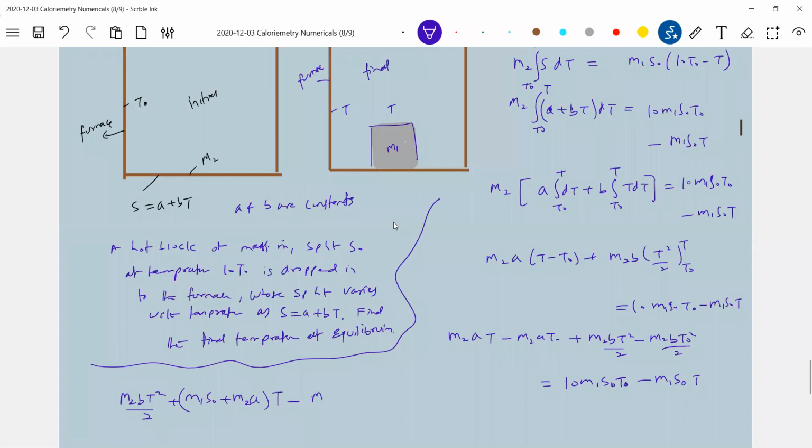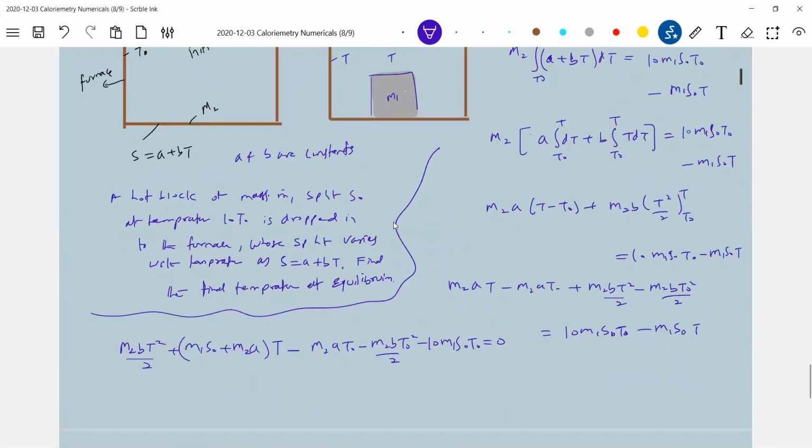Minus of M2A T naught minus M2B T naught square by 2 minus 10 M1 S naught T naught. Okay, everything here you can call beta, that is a very large term. So this is alpha T square plus beta T minus gamma. Solve for T.